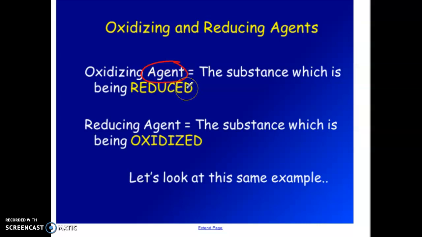A secret agent is trying to help, let's say, the government or maybe a private industry that's trying to solve something. So you can think of agents here as also being helpers. So an oxidizing agent is a helper of oxidation. So it's the oxidizing helper.